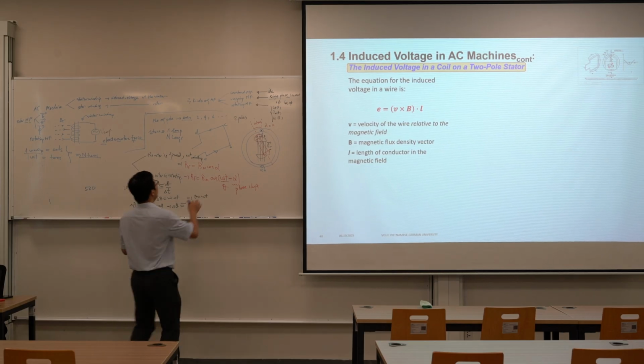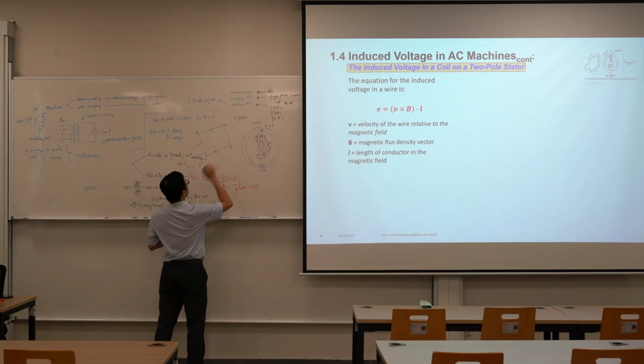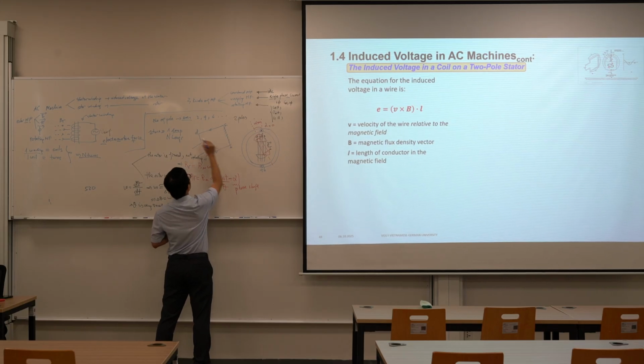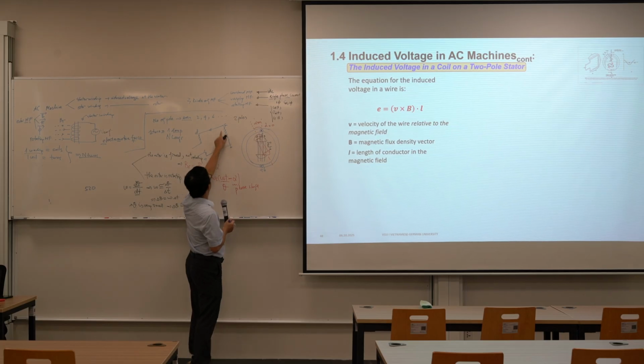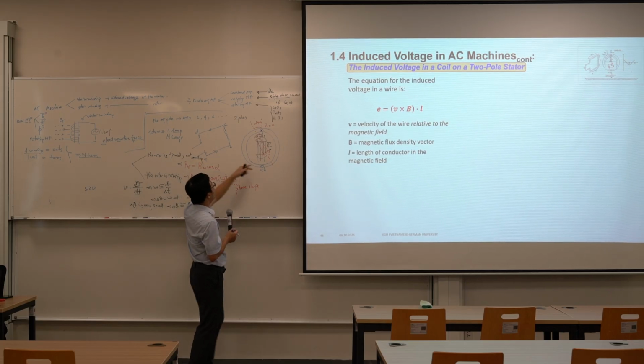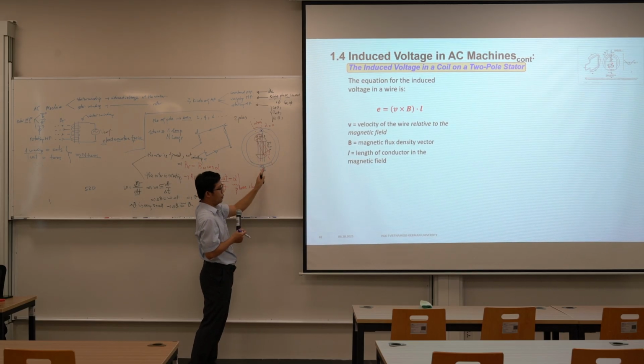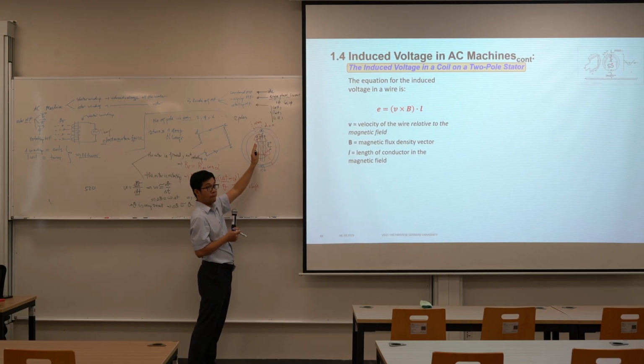Actually here we have 4 segments, but we don't care about this segment and this segment. Why? Because BC and DA are parallel with the rotor magnetic field direction, so we don't have voltage.